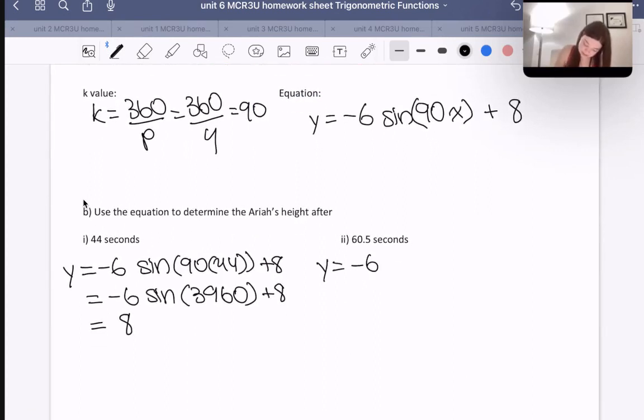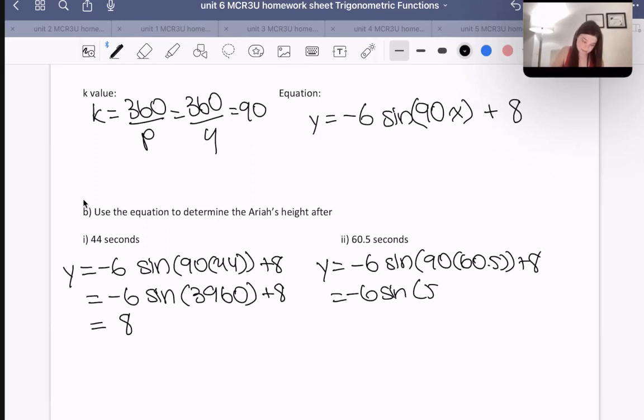But let's see. Sine 90 times 60.5 plus 8. So let's see. 90 times 60.5 is 5445, times negative 6 plus 8.